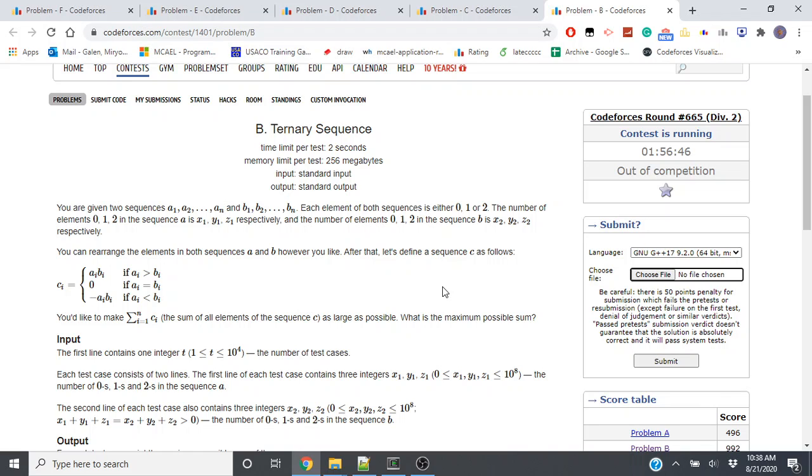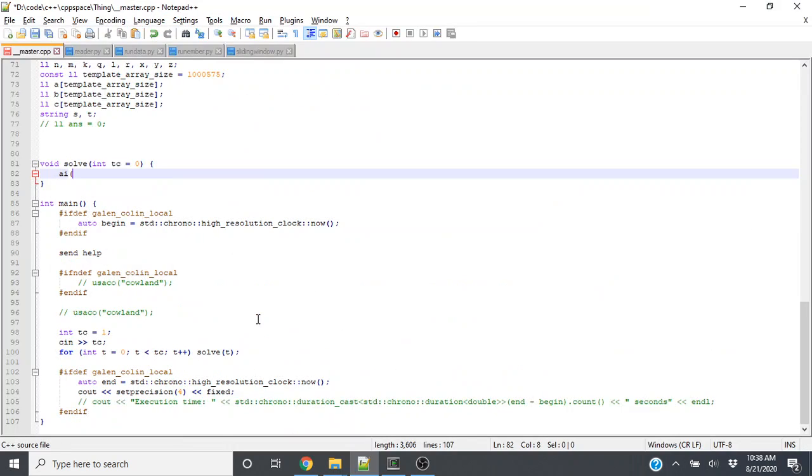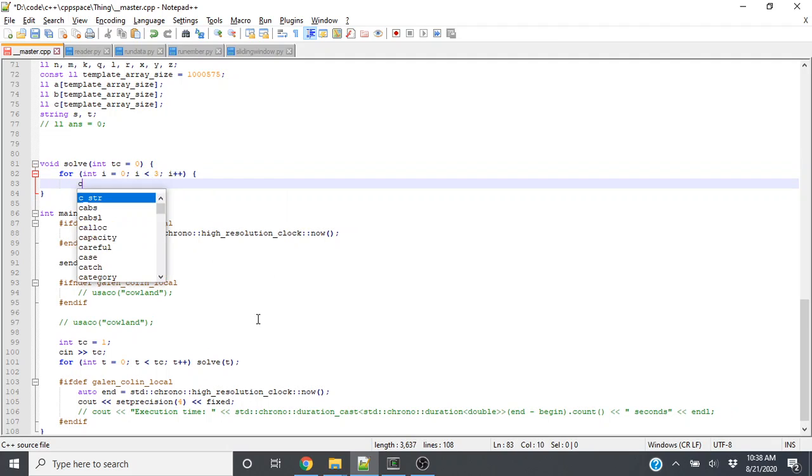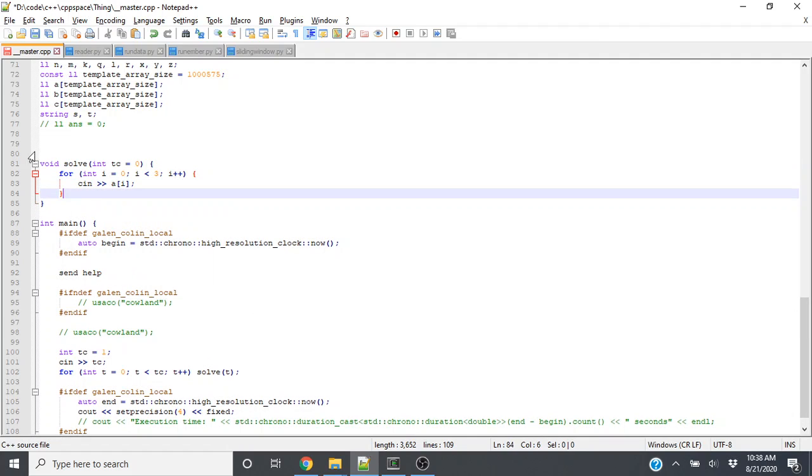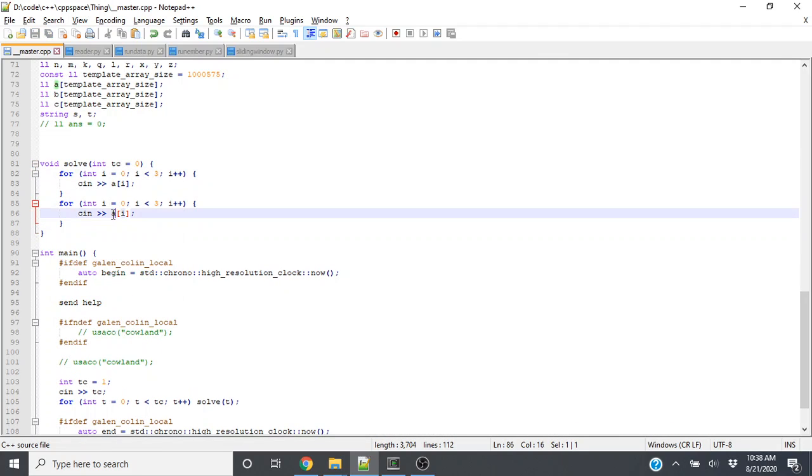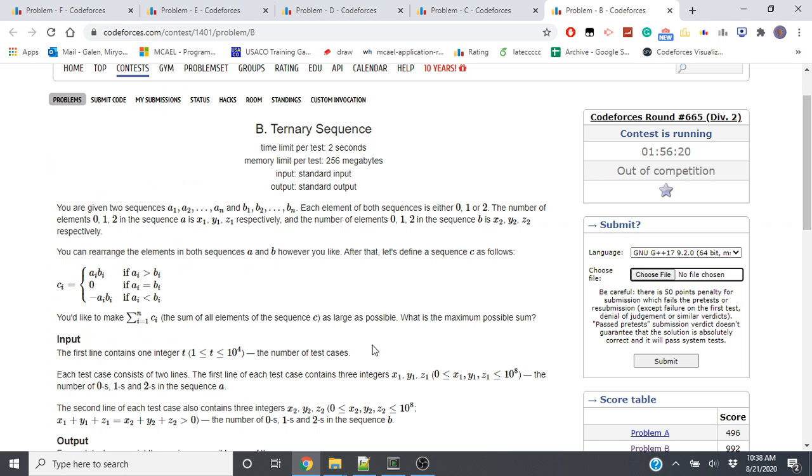That's slightly weird. Okay, so we're going to just read this in as arrays. We're going to read x, y, and z as elements of A, and then the second x, y, and z as elements of B.